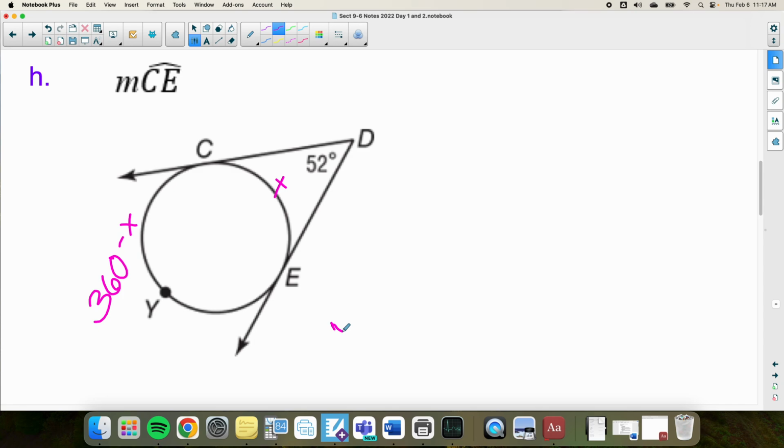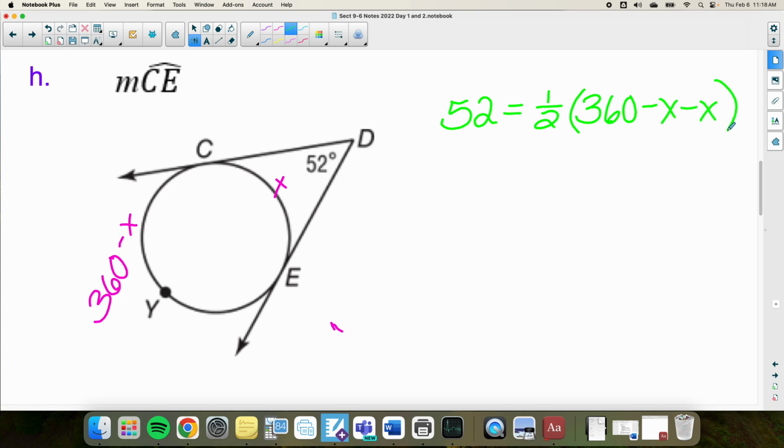Okay? Now, when I do this, I always set the angle equal to 1/2 times 360 minus x, and then I also have to subtract this x. So it's 360 minus x minus x.